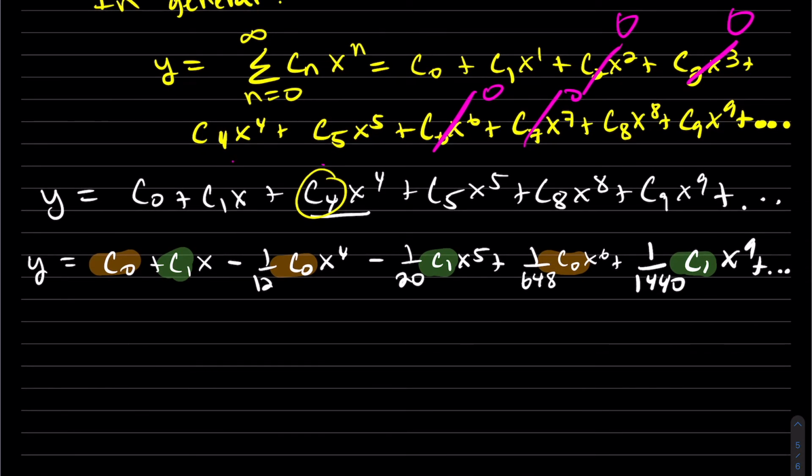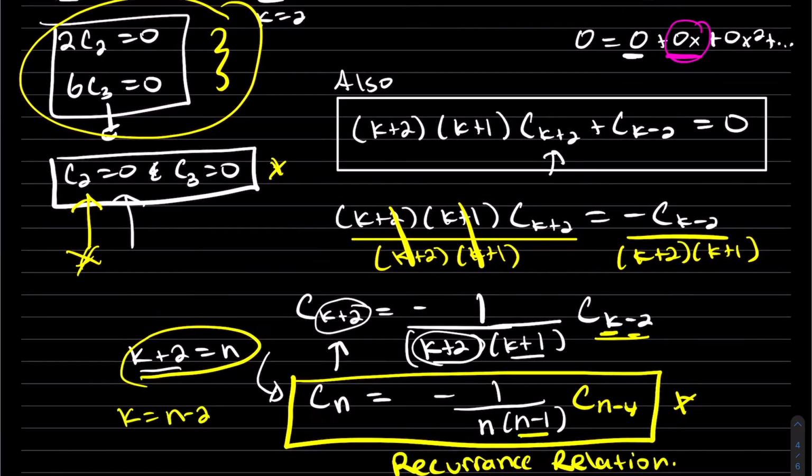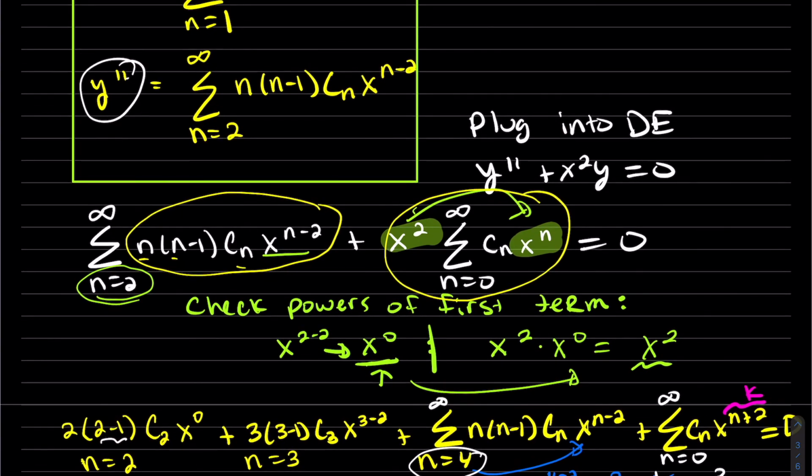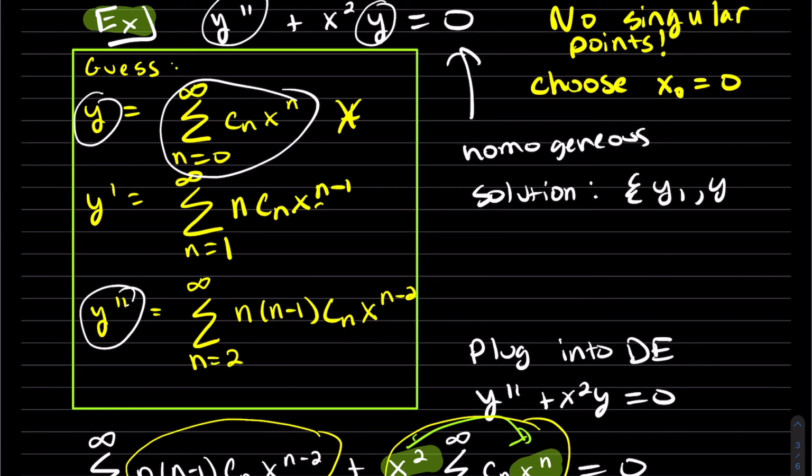Before I actually rearrange this, I want us to recall that my general solution, remember this is homogeneous, right? It's homogeneous. And my solution to a homogeneous equation, we get two solutions, y1, y2, right?